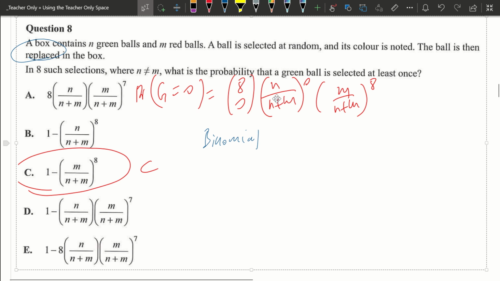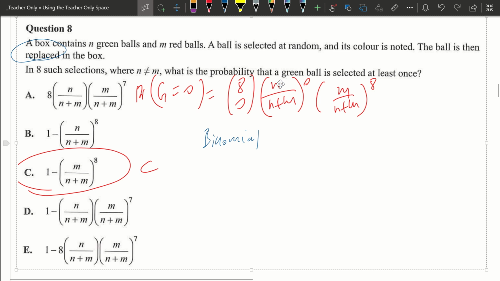You don't memorize formulas. So from 8 selections, we have 0. So selecting 0 from 8, and of course, there's 1. There's one way to select 0 things from 8 things. And then the chance of success, raised to the power of the number of successes, which is 0, and the chance of failure, raised to the power of the number of failures, which is 8.